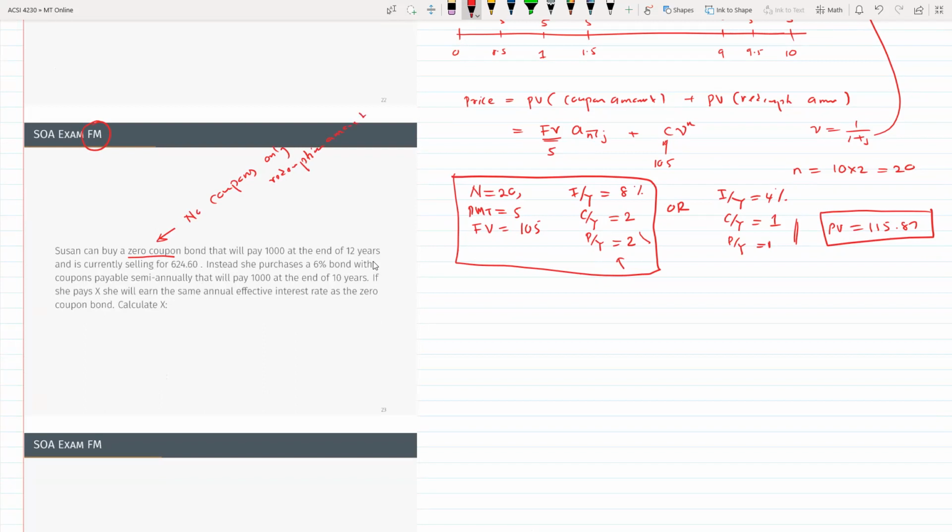That means you have to wait until the bond matures to get anything out of your investment. A zero coupon bond that will pay 1,000 at the end of 12 years, and is currently selling for 624.60. So let's draw the timeline and see how it looks. Here 0. This is the price.